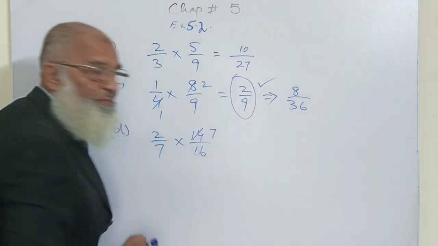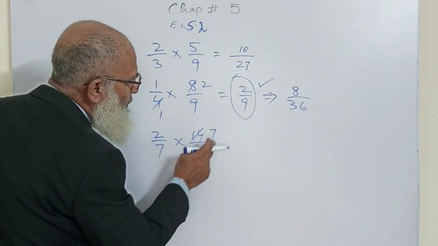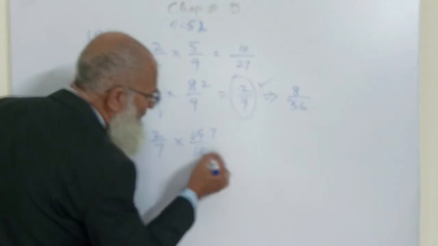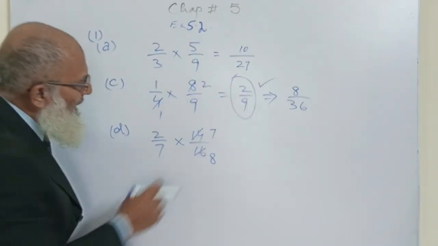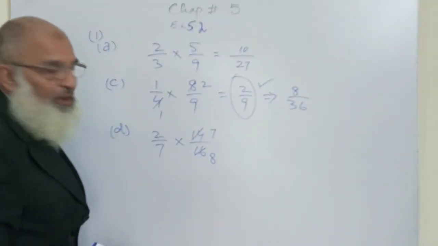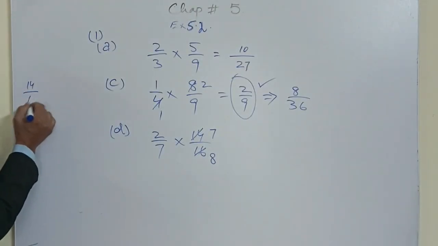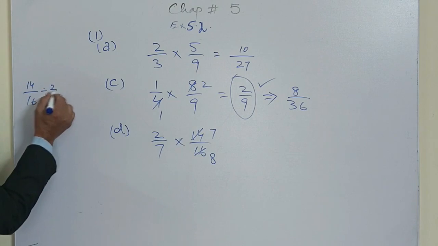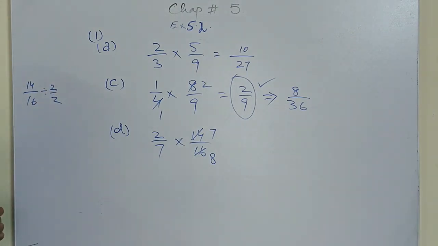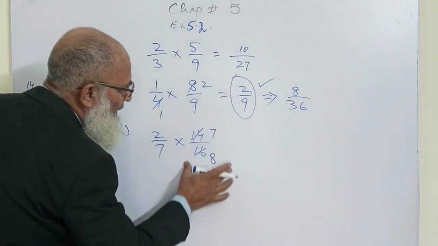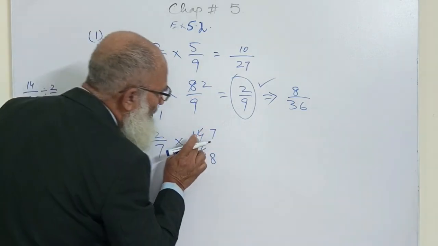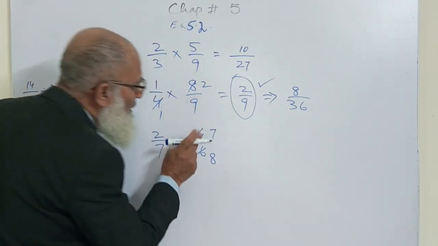Now this is 7. 2 7 times 14 and 2 8 times 16. Yes, on the rough you can do it like this. But the easy way, there is a common factor in between them.